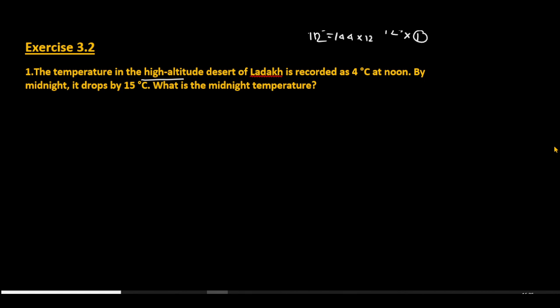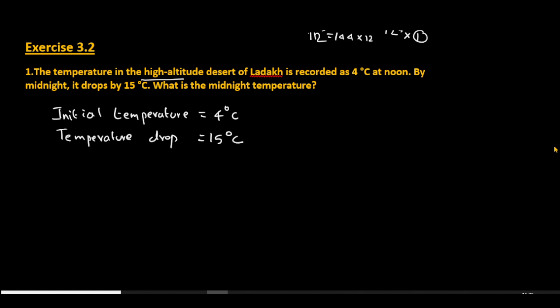Desert temperature, the initial temperature. We will take initial temperature is equal to 4 degree Celsius. And what is given? Dropped temperature, drops by 15 degrees Celsius.